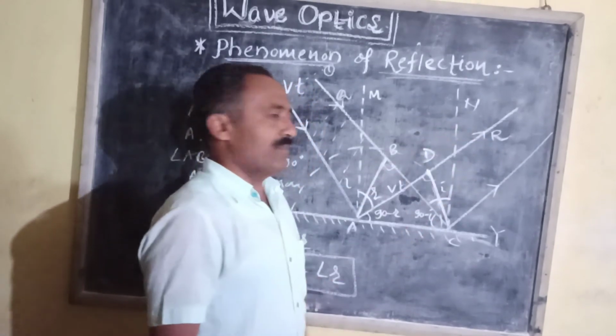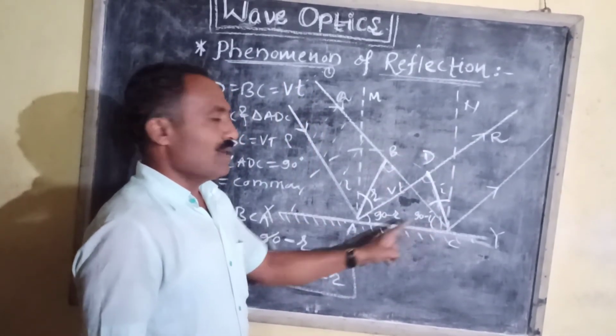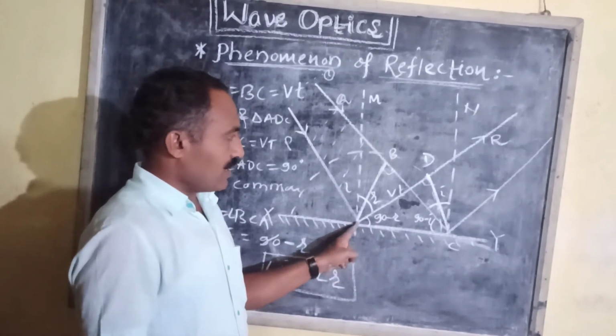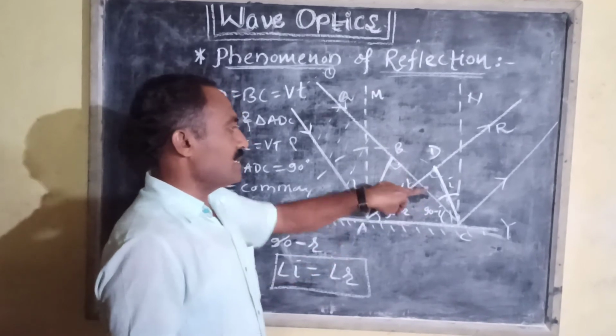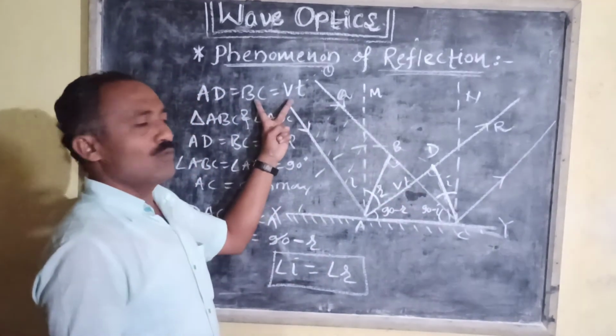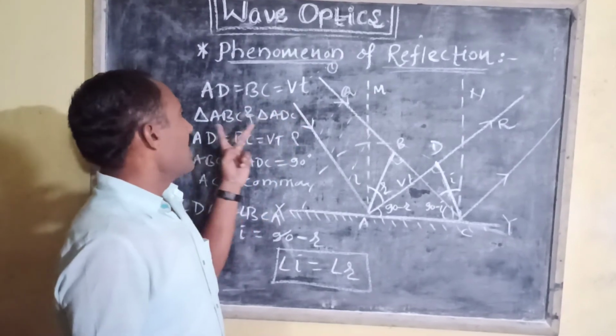If T is the time taken by the wavefront to reach from B to C, in the same time the secondary waves from A cover a distance equal to AD. Therefore BC is equal to AD is equal to VT, where V is the velocity of light in a given medium.